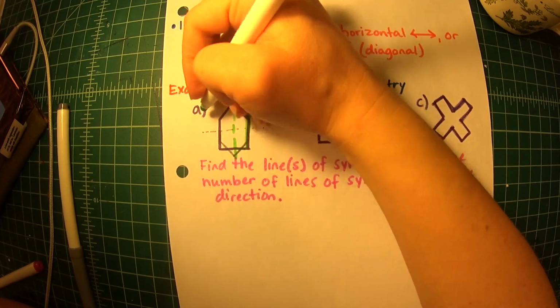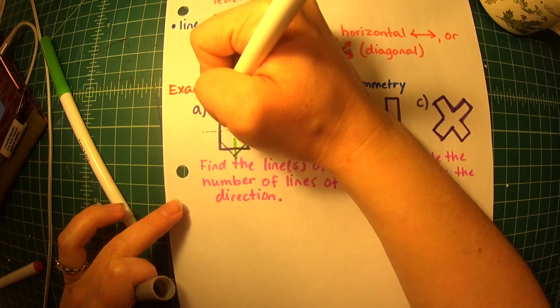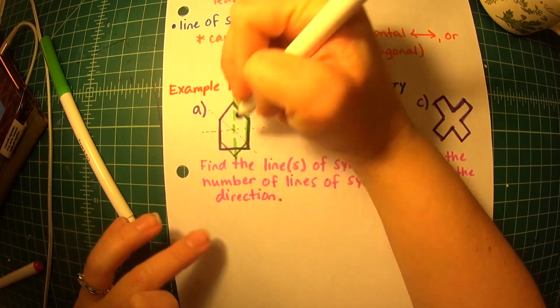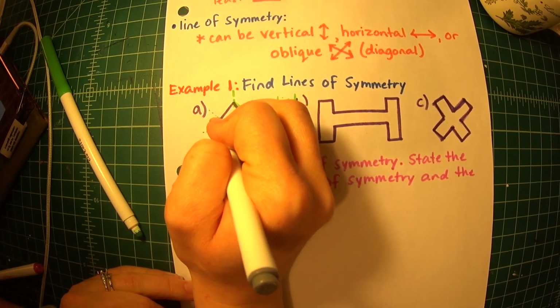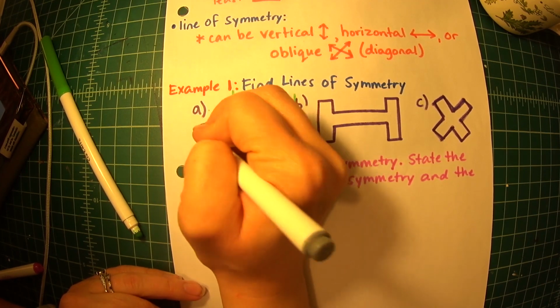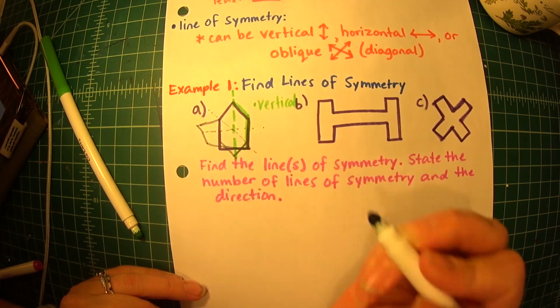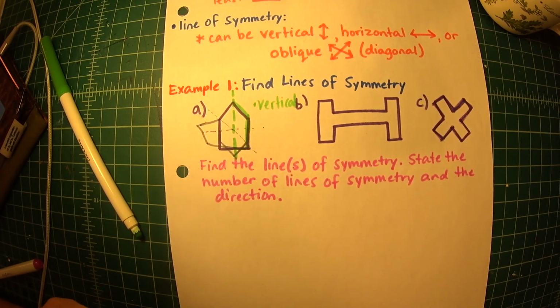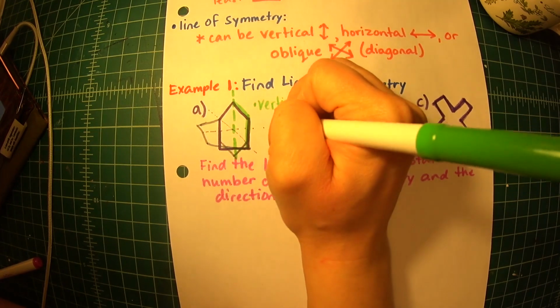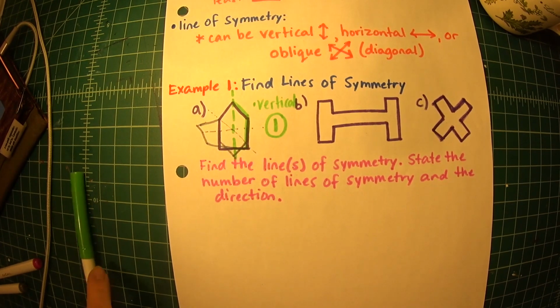Oblique, that would mean going across the image. And again, you got to visualize your perfect halves, your mirror image. Well, then you'd have a second roof type shape coming out the side like this, and that's definitely not how it looks either. So that means that we have one line of symmetry for this first one.